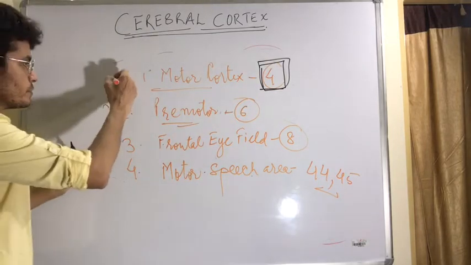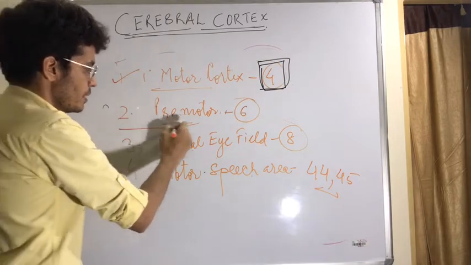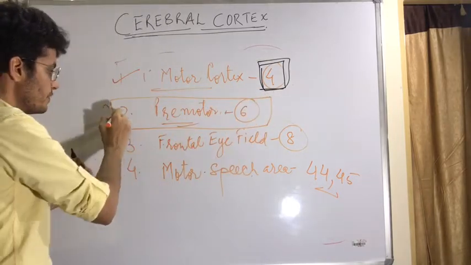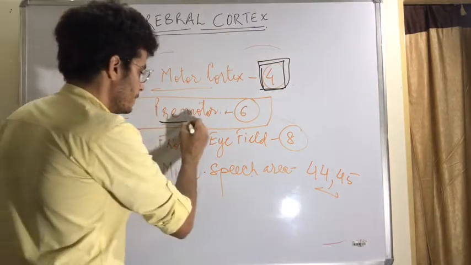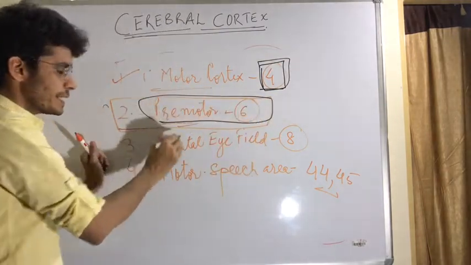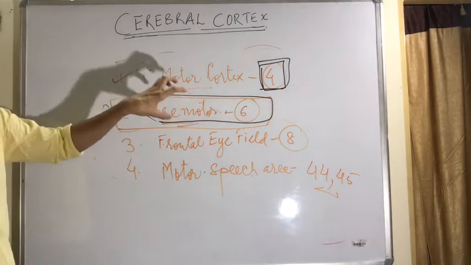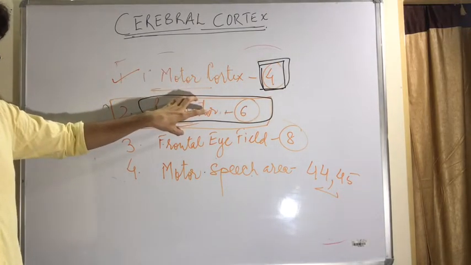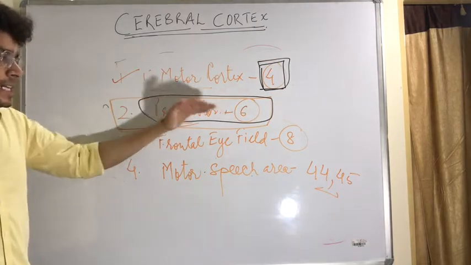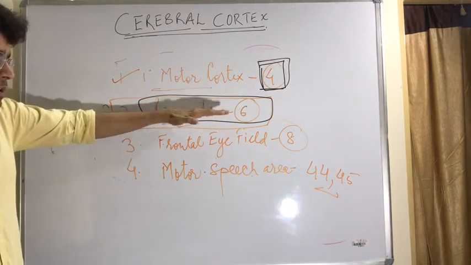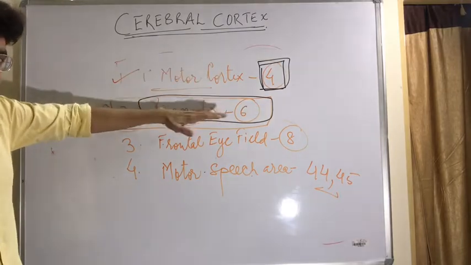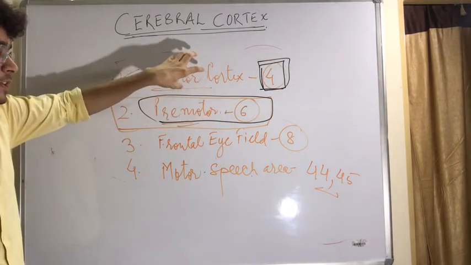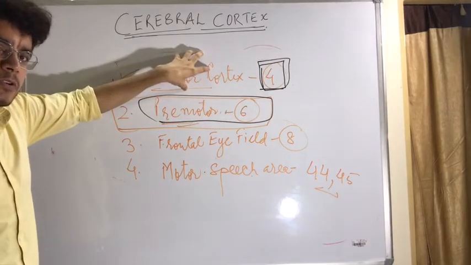So the primary motor cortex we have covered. Now coming to the premotor cortex. If we look at the electrical activity of the neurons present in the premotor cortex, we have observed that their activity precedes, it occurs before the activity of the neurons in the primary motor cortex.